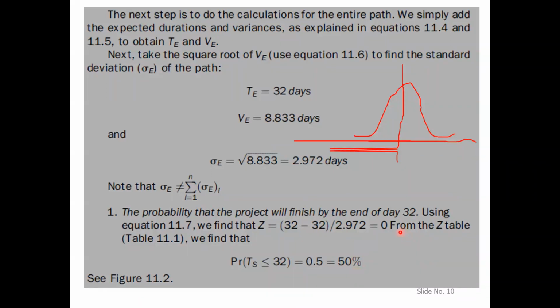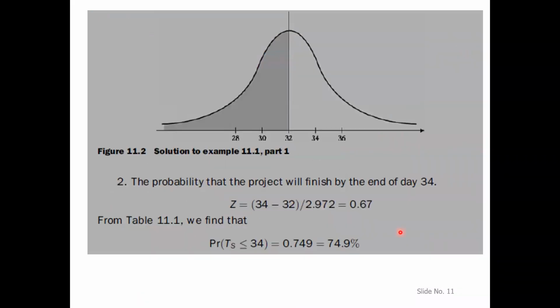Okay, so what was the next question? Yeah, for this 50%, we can represent it like this. This is the distribution of the project duration, and you can see that we are exactly in the middle.